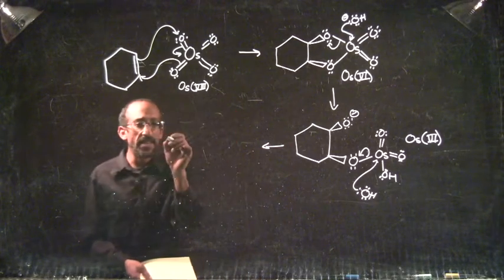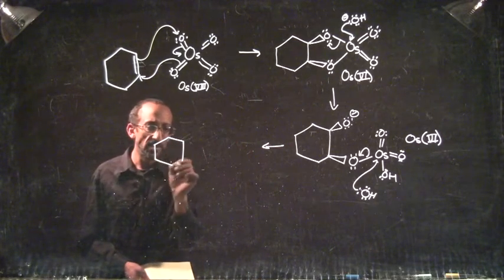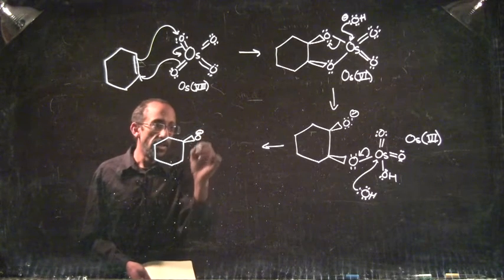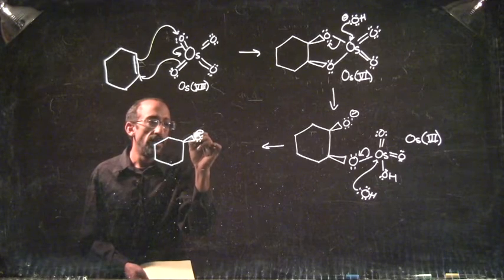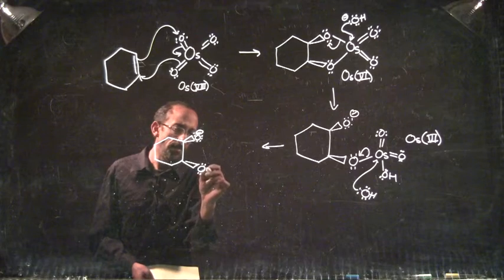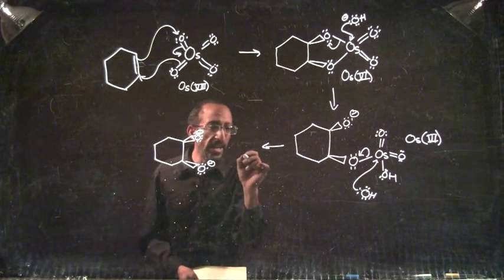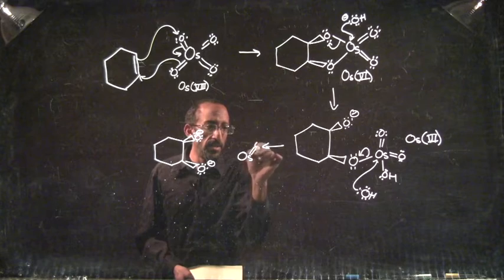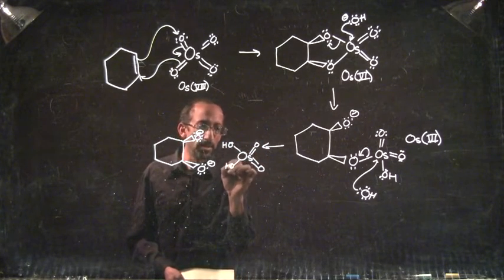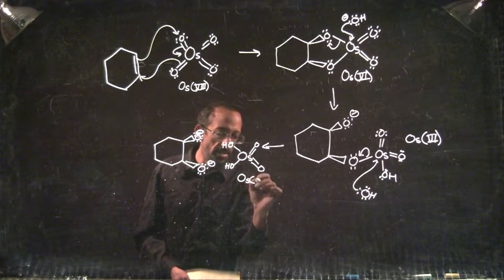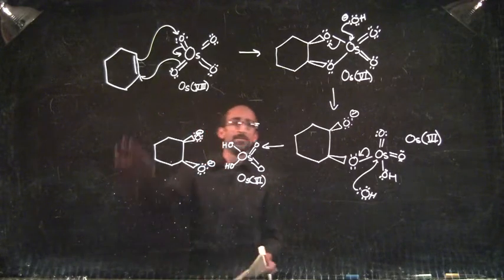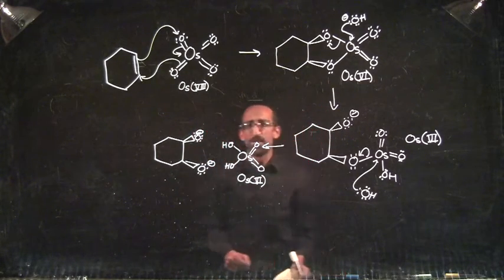And that's going to give us this diol that needs to get protonated, and our osmium byproduct, which is still at an oxidation state of 6. So this is the basic arrow pushing I need you to know.